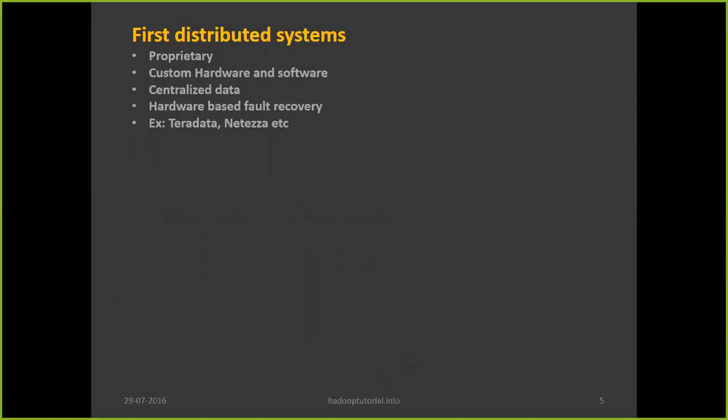Just before Hadoop came into the market, the first time enterprise organizations were not able to handle large or huge data, they came up with the first level of distributed systems.